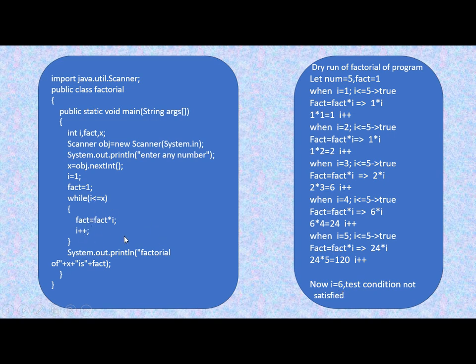So these statements will not be executed. So now the loop will terminate, and here we will print the value. We will get the output of the factorial we have just computed, and that will be printed in this statement. So this is the dry run of the factorial of a number.